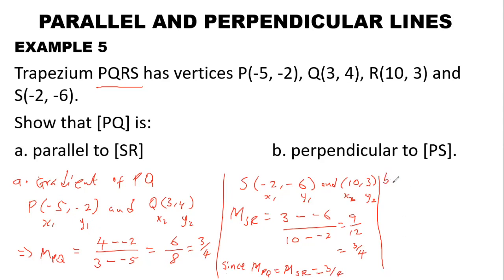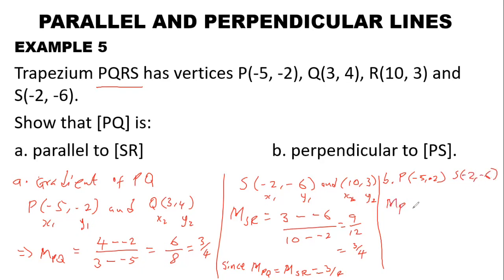B, we are asked to show that PQ is perpendicular to PS. So P has coordinates (-5, -2), and S has coordinates (-2, -6).